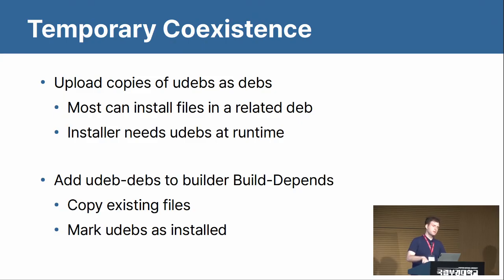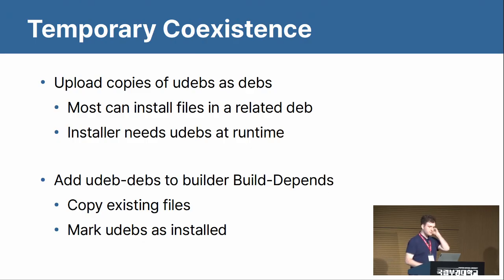And we can modify the installer build system that we have just prepared. Instead of downloading udebs, we add these udeb-converted debs to the build depends, so the files that it would download and extract are already there.